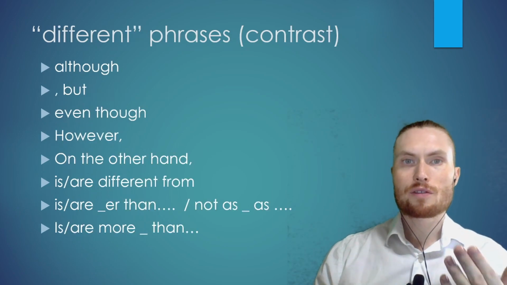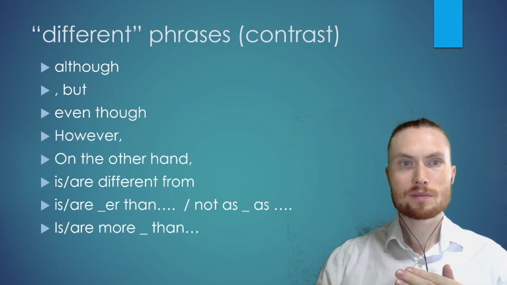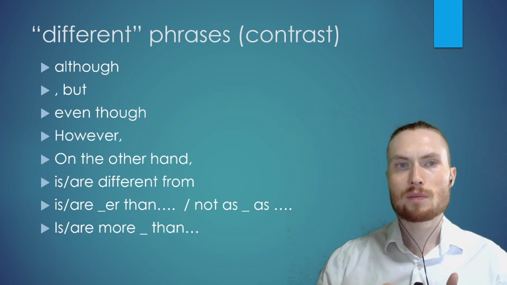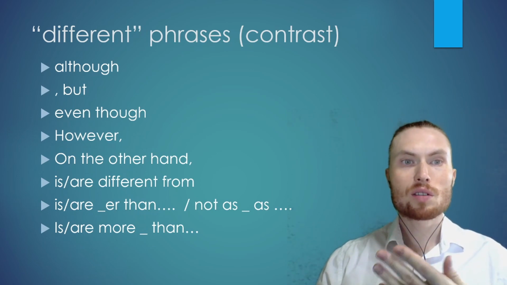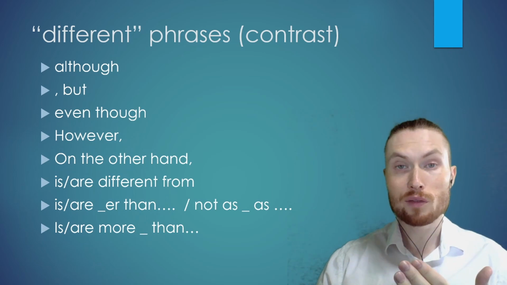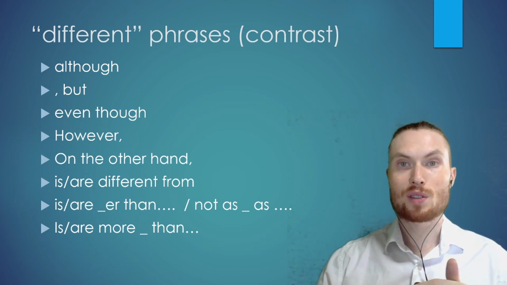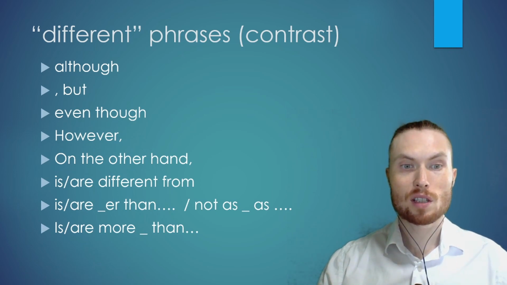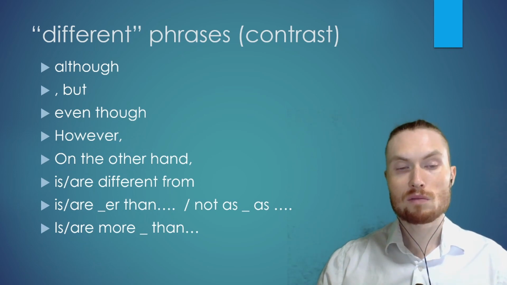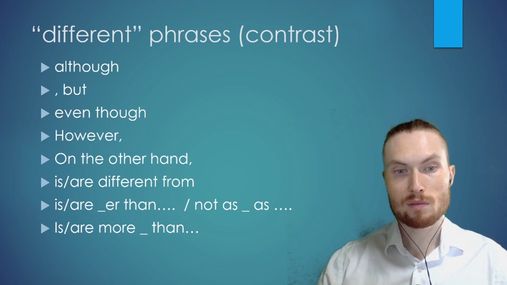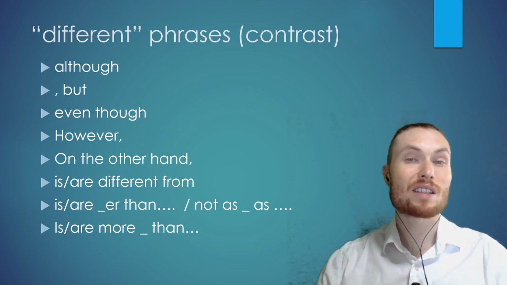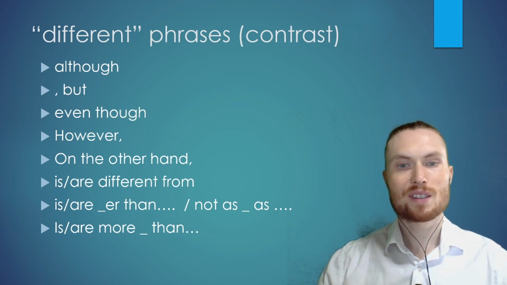Now let's talk about phrases to show differences or contrast. For example, although, but, even though, however, on the other hand, be different from, or we can use the comparative form in English to be more than something, or less than, or not as something as something.